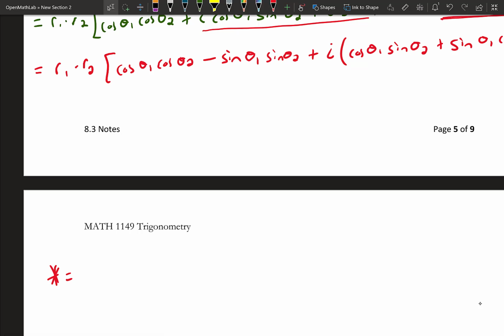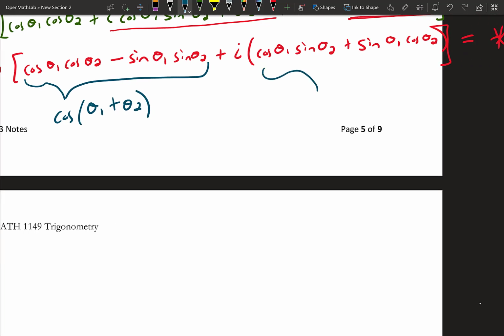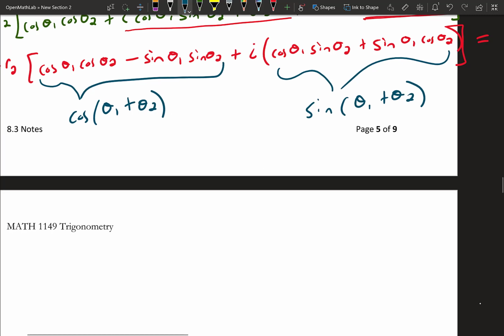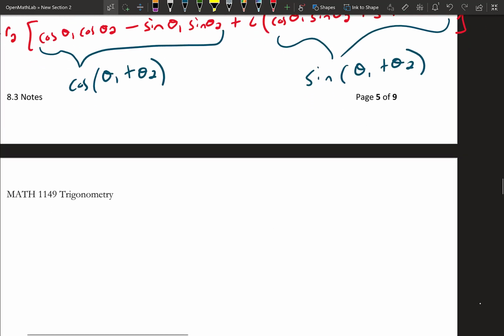So what you're able to recognize is that this part is simply cosine of theta 1 plus theta 2, and this part is just sine of theta 1 plus theta 2, using those sum formulas from section 6.2.